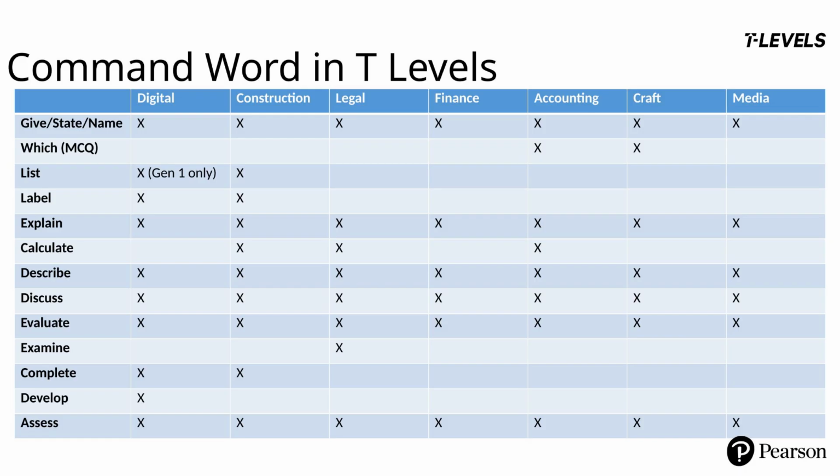It's different to an evaluation, because students don't evaluate in legal, they will just examine a piece of law and give an unbiased summary, whereas in media or digital, students will evaluate, they will give some kind of conclusion or recommendation. Likewise in media, you wouldn't expect students to calculate, but it does appear in construction.